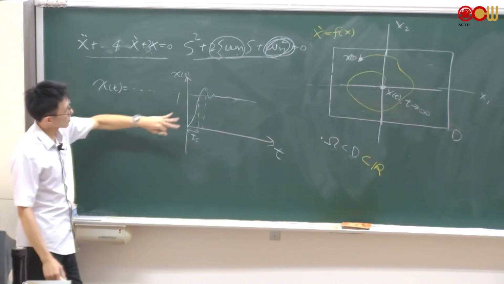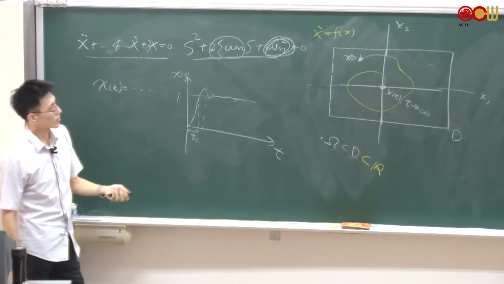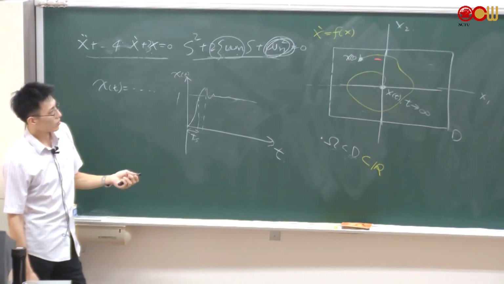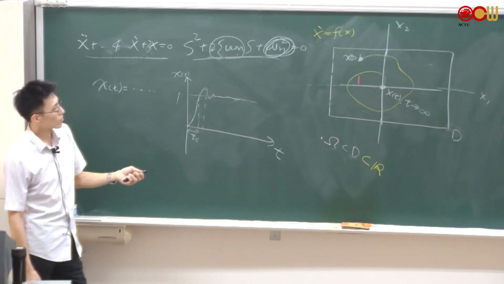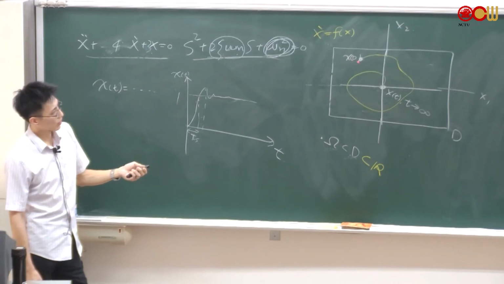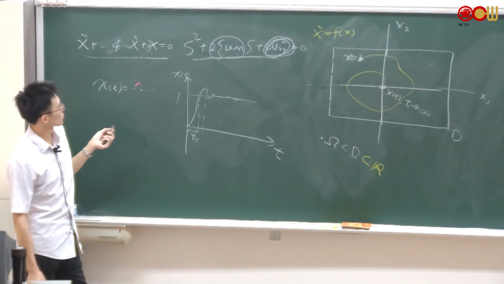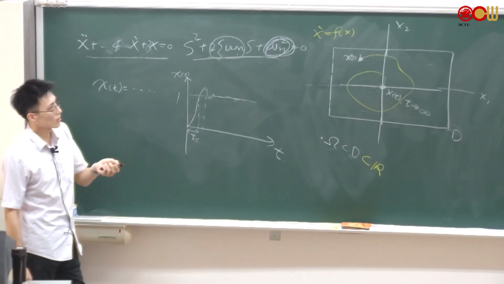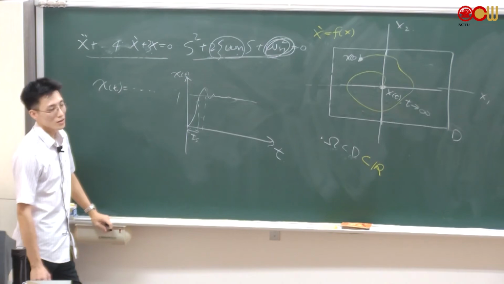Okay, they all discuss the transient response, but in this theory, there's no way you can discuss what happened in between. Okay, we only know if you start from somewhere, you can converge to somewhere because you have no knowledge about the solution to the nonlinear ODE, okay, in general.